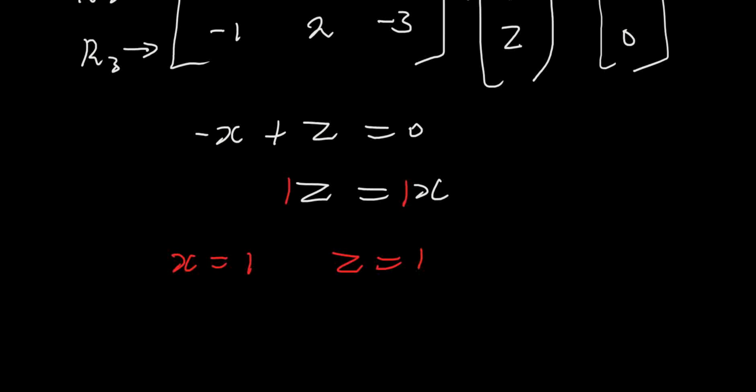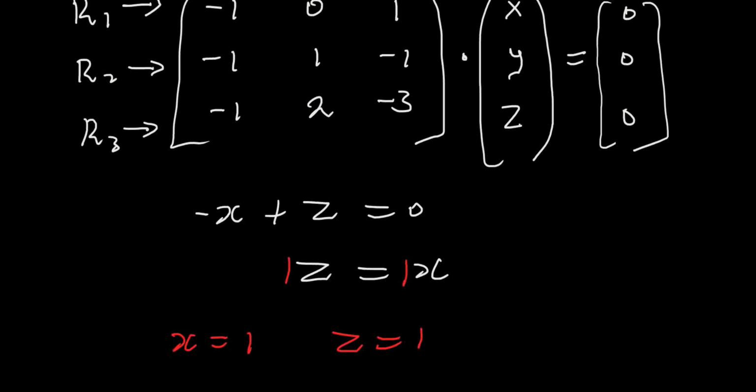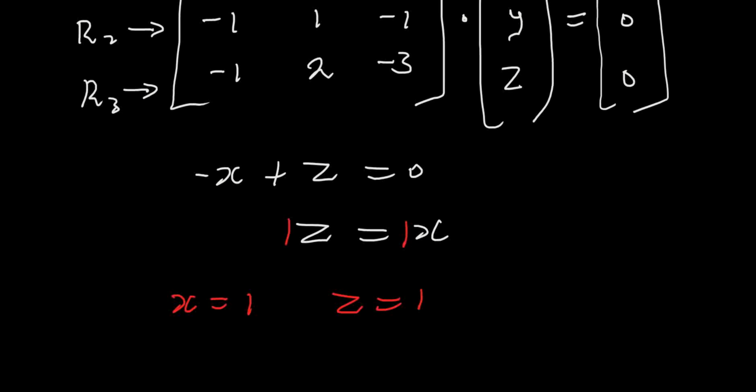From row 2 and row 3, we can choose any of them, row 1, row 2, or row 3. We can still work with row 2. In row 2, the coefficient of x is negative 1, so that will be negative x, because we need to find the value of y.